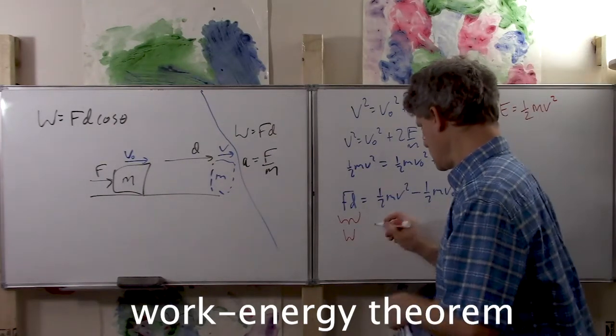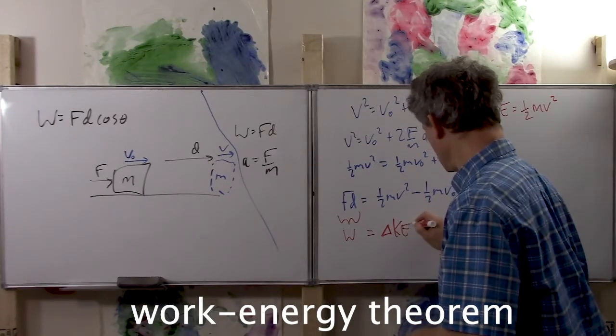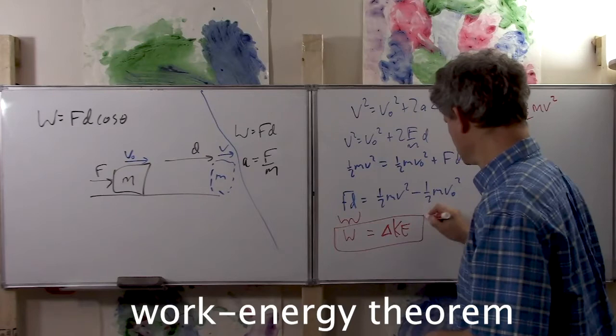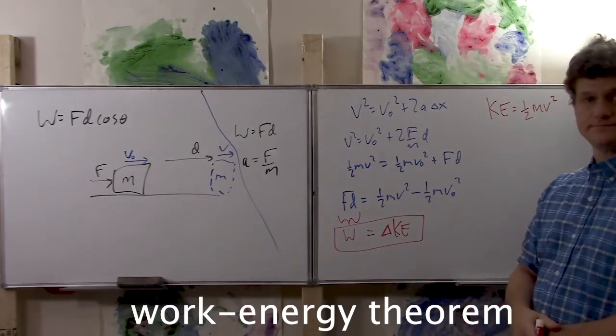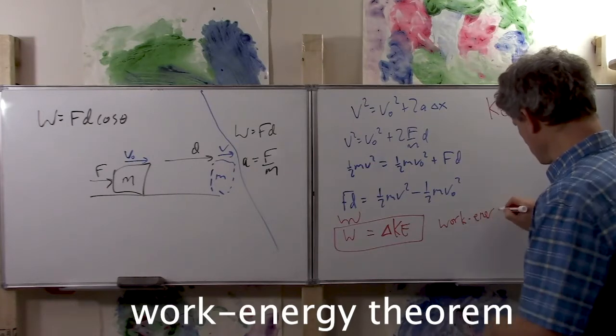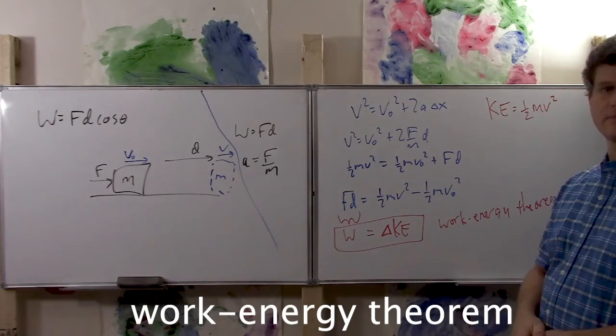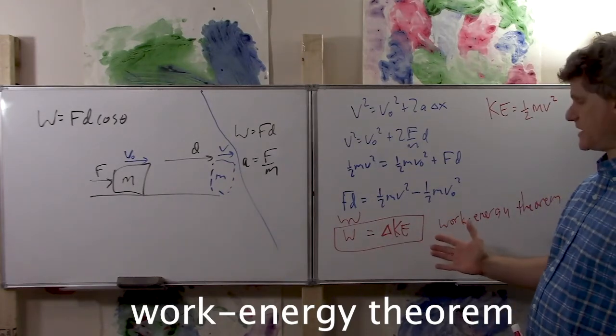So what we get is work equals delta KE. And this is the work-energy theorem. What it says is that work changes the kinetic energy.